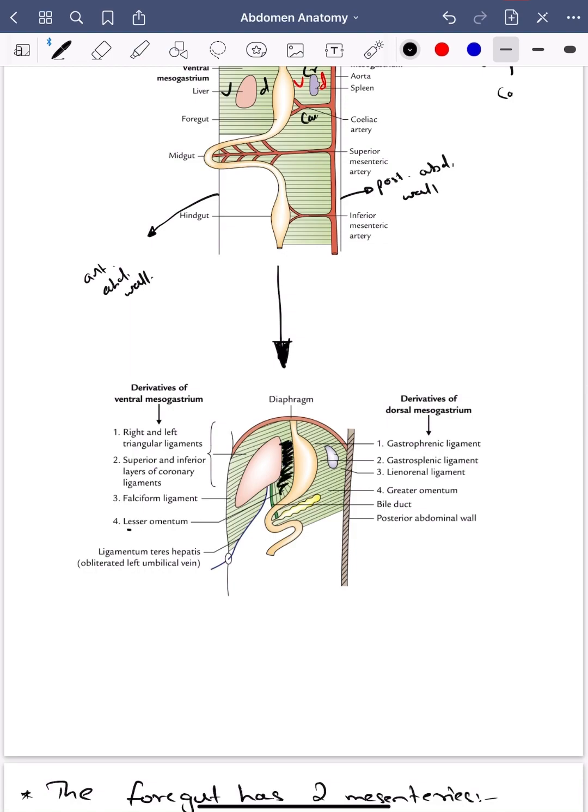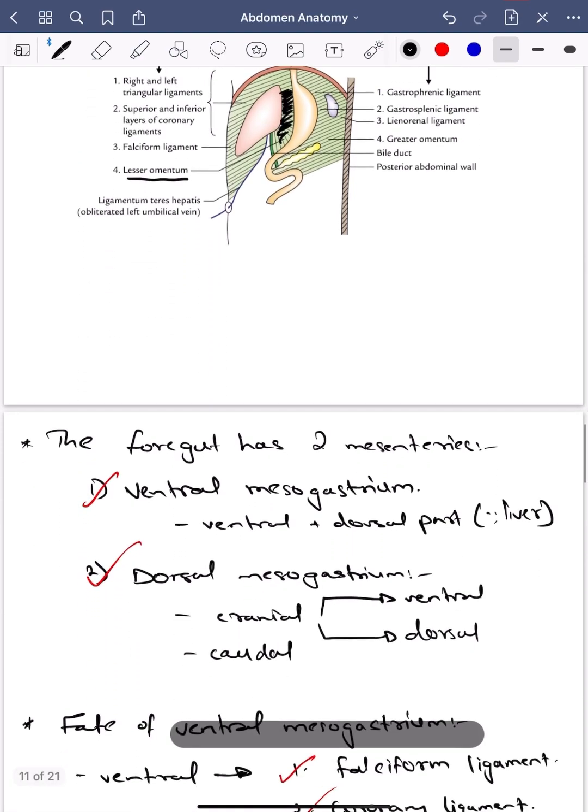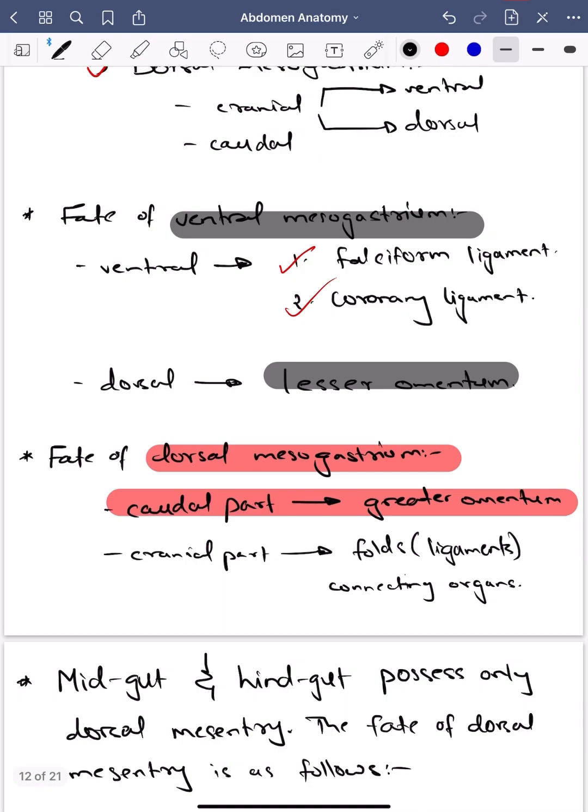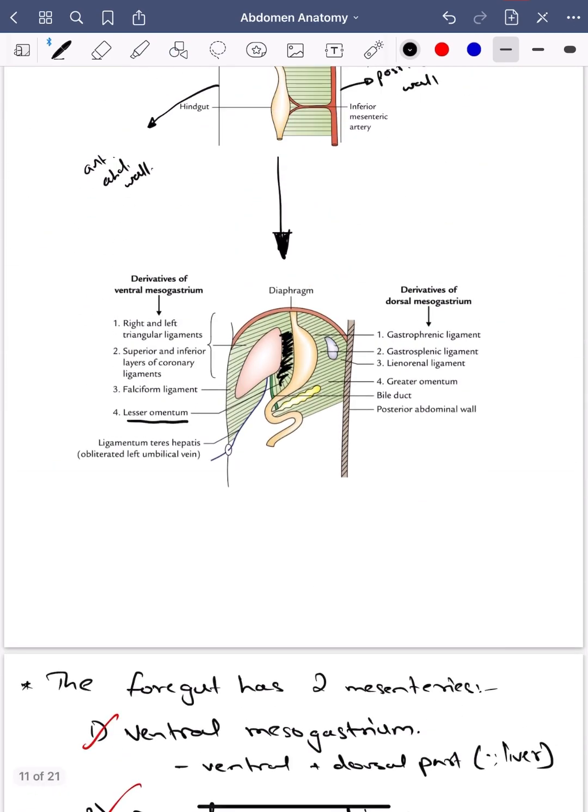Now talking about the dorsal mesogastrium, we discussed that it has a caudal and cranial part. Now the cranial part, in simple words, gets converted into a number of ligaments that connect the different organs. So we have the gastrophrenic ligament, the gastrosplenic ligament, and the lienorenal ligament.